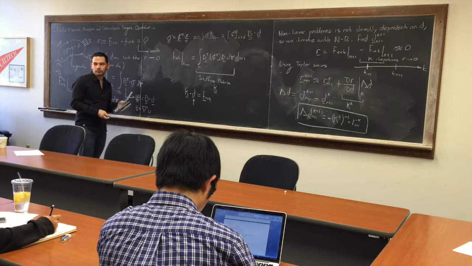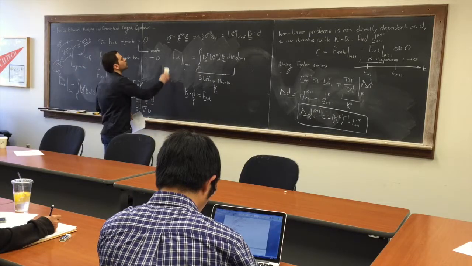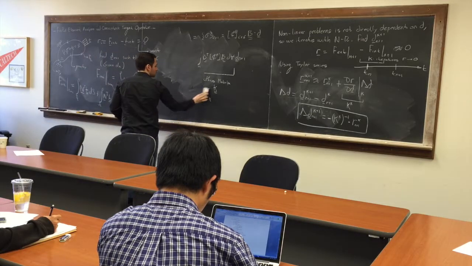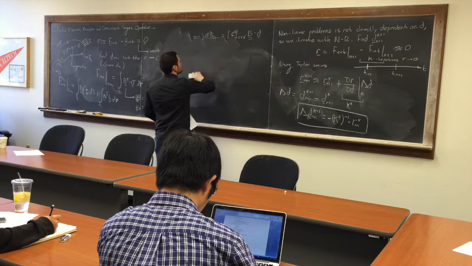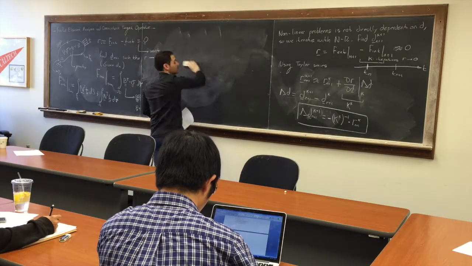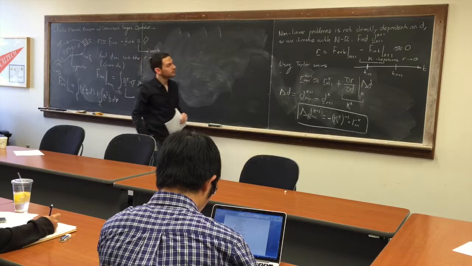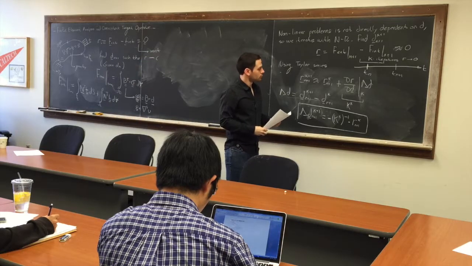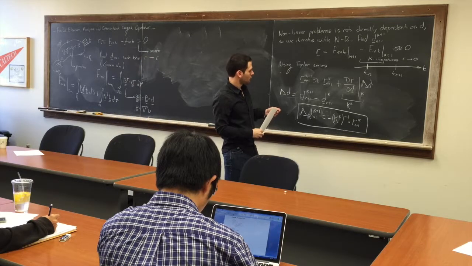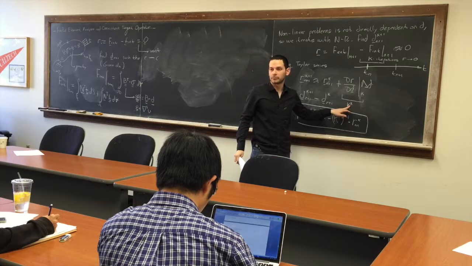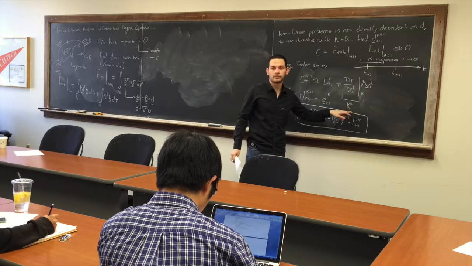Questions? What does the K stand for? That little K up there. What is this superscript? This is the iteration number.